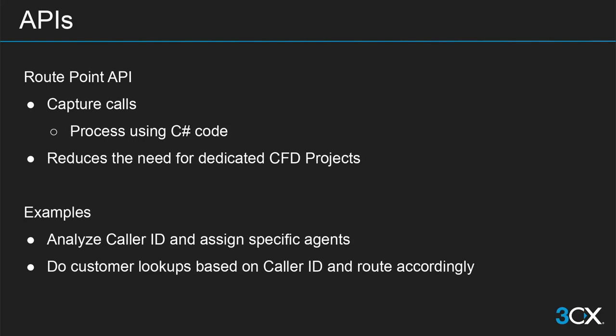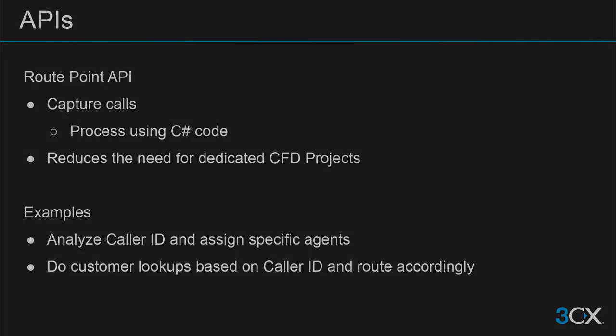What we do with that, for example, is that we analyze the caller ID and assign a specific agent. For example, if I call into my insurance company, they have my mobile phone registered and they know that this particular customer is assigned to this particular insurance agent. I don't need to select any menus on a digital receptionist, nor do I need to remember someone's extension number. They can do that automatically.